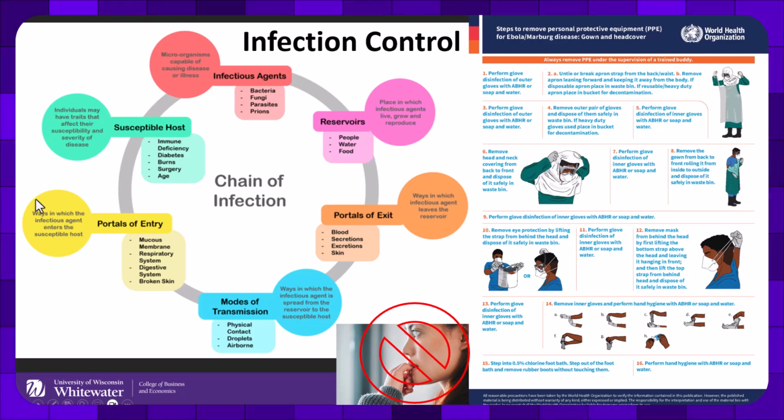You have to know what it is first, but ultimately, as long as you practice universal precautions, basically all blood and bodily fluid is infected, and if you treat it as such and never allow yourself to be exposed to it, never enter one of the ports of your body, then you're right. Now, the most difficult one is obviously respiratory. But if you wear a mask and you try to contain the aerosols that could be dispersed that are infected, well, then you're taking care of it.